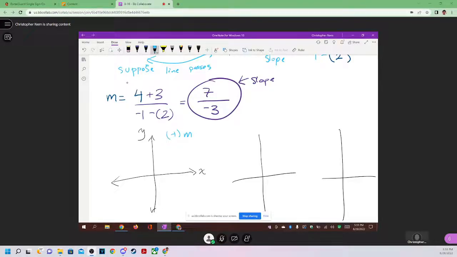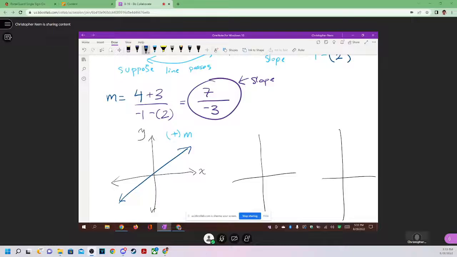Then a positive slope may look something like so. If I read it from left to right, it is increasing upwards. Imagine a little roller coaster, and if you read it from left to right, that roller coaster is going upwards. It's climbing up a mountain or whatever it's doing.